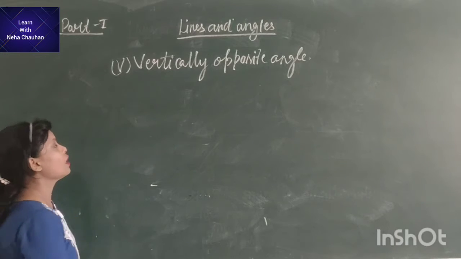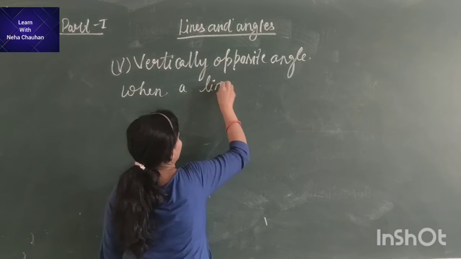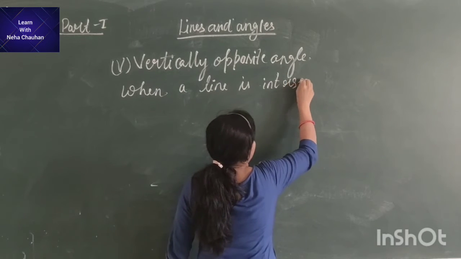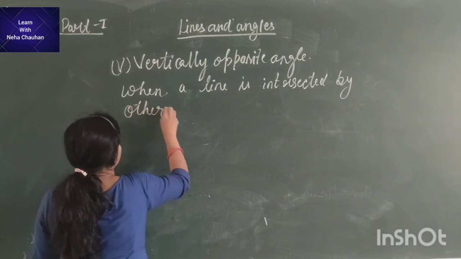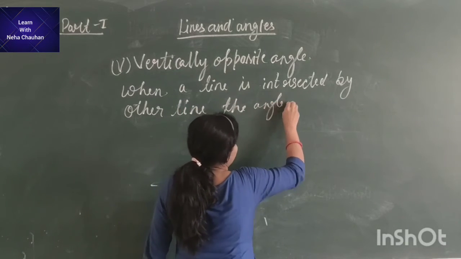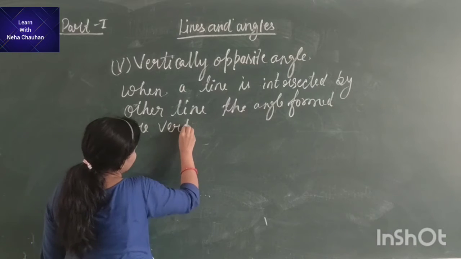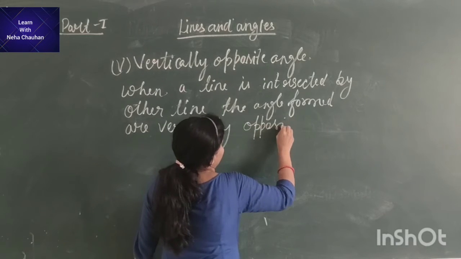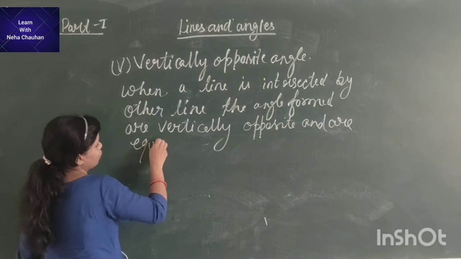So vertically opposite angles are when a line is intersected by another line, the angles formed are vertically opposite and are equal also.